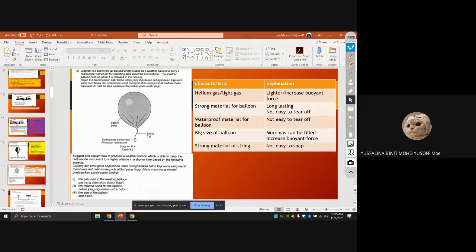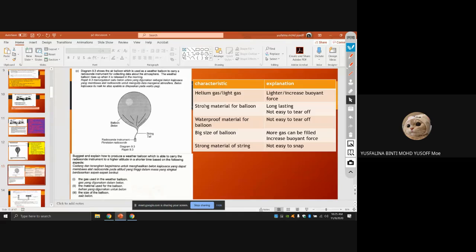The first one is the gas used in the weather balloon. You can put helium gas, because helium gas is actually very light. Or if you are not sure what gas is being used, you can just put light gas, to increase the buoyant force.